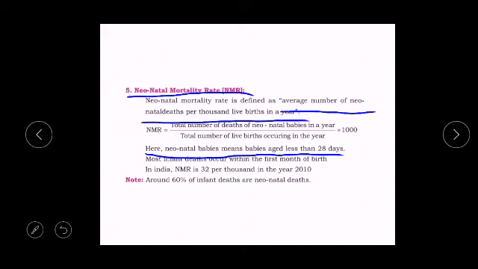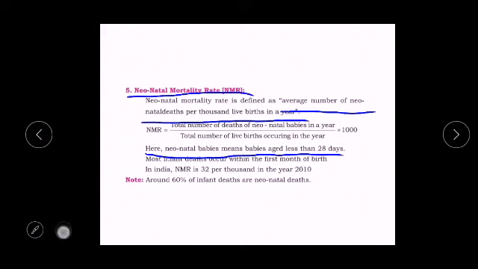So here also total births are taken into consideration. Out of total live births, how many of them died within 28 days or within 4 weeks from their birth, that is referred to as the neonatal mortality rate.